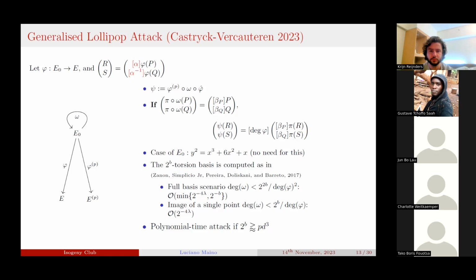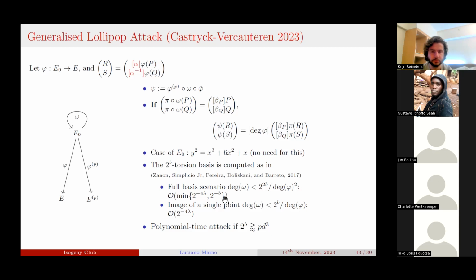Since the Elligator map acts as a way to hash points on elliptic curves, we can assume that the 2^b torsion basis generated via this method gives you a basis which has not enough information, a basis which is not particular in any way.